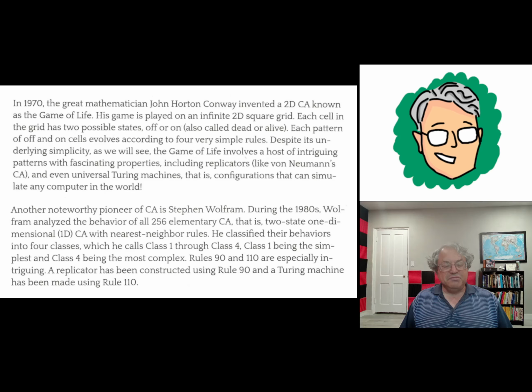It's played on a two-dimensional grid, and you have cells in this grid. They're square cells. Imagine an infinite grid with a square lattice, and each cell in this grid is a square, and they're all connected to their nearest neighbors. Every square has 8 nearest neighbors. You count the diagonal neighbors as well. And then each cell can either be living or dead, or you can describe them as being off or on if you like, or black or white.